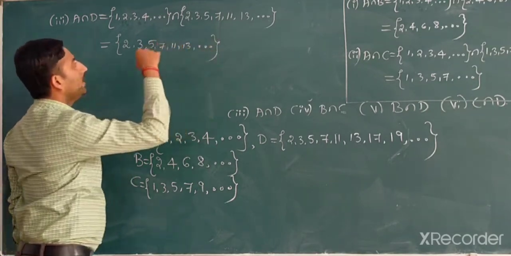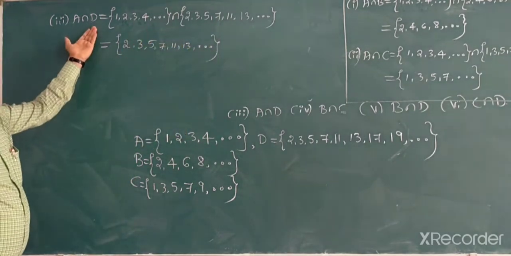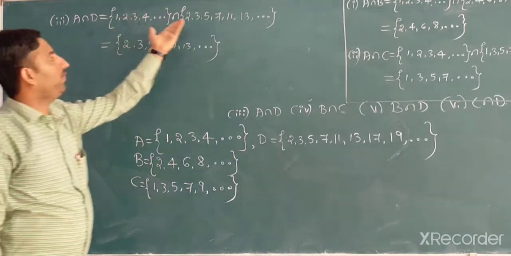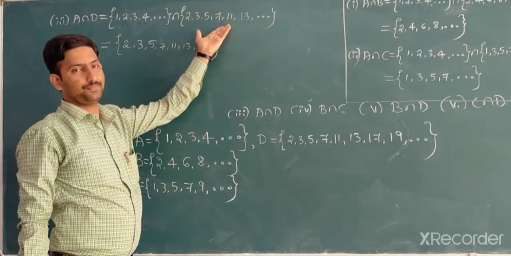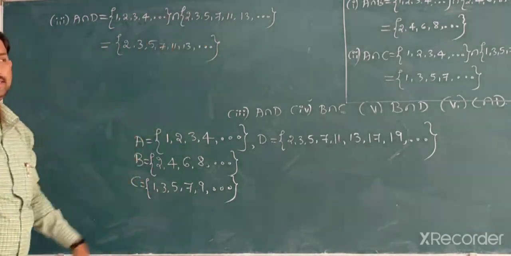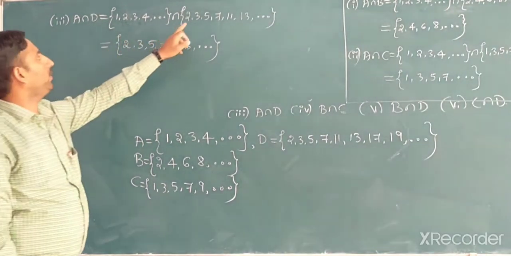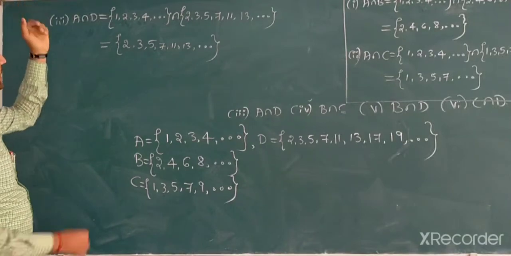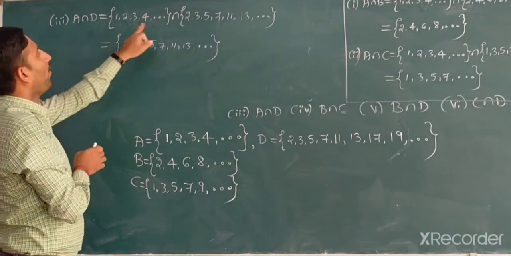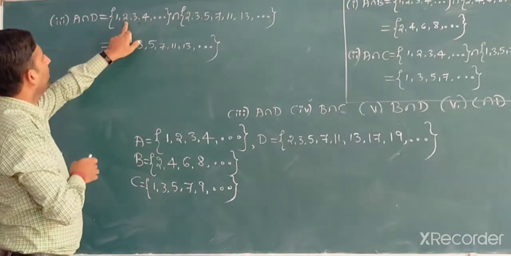Why? Because here the set A is a subset of this. Every element of A is also an element of it. Otherwise, intersection means you have to choose the common elements.